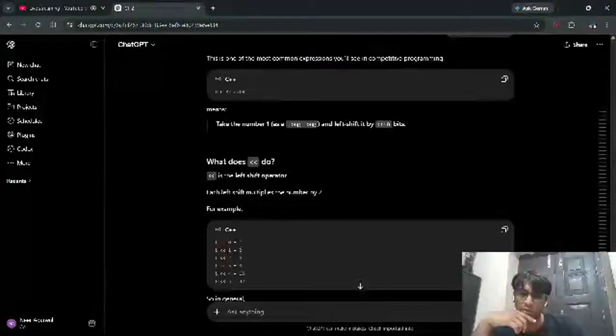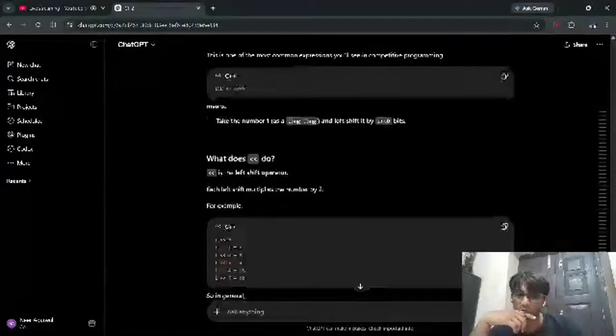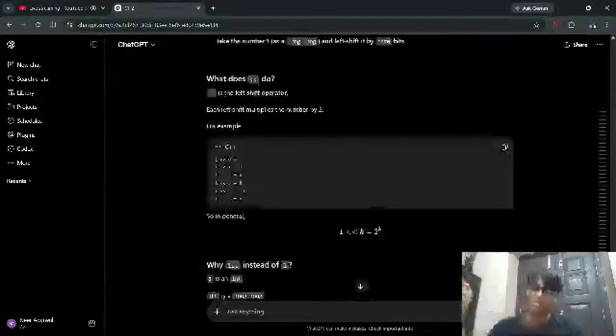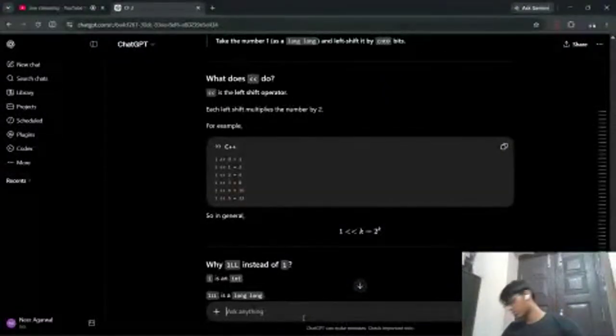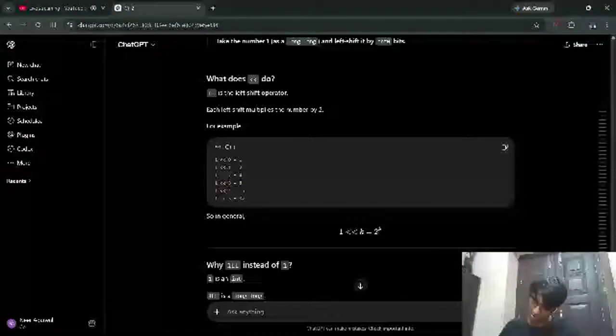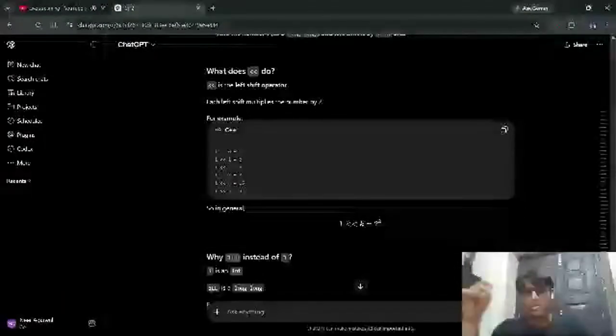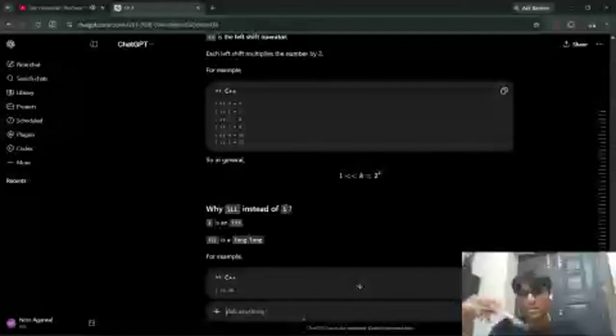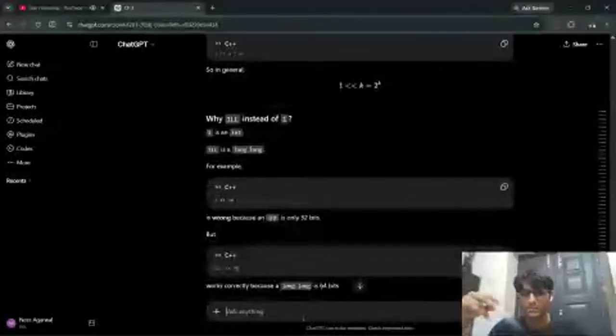One shifted by one is two, by two is four, by three is eight, by four is 16. So in general, one shifted by k is 2 to the power k, right? Which we should know. One is an int and 1LL is a long long.